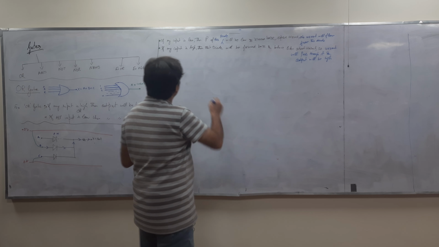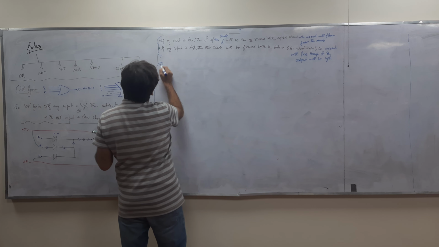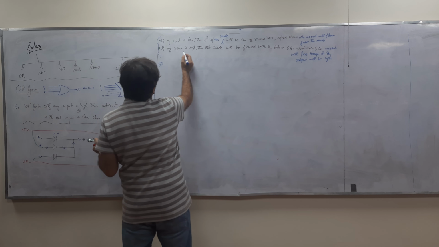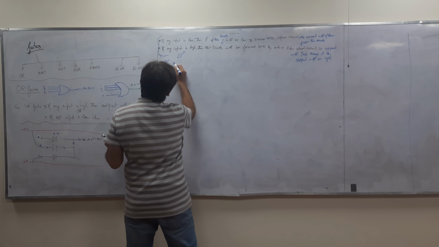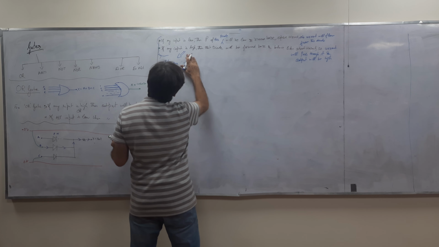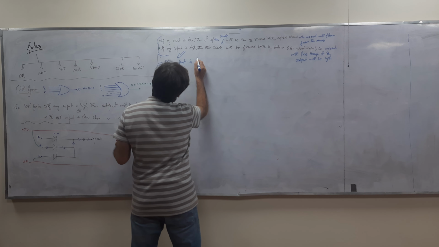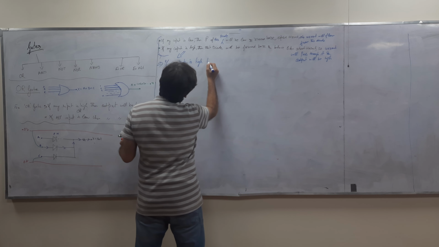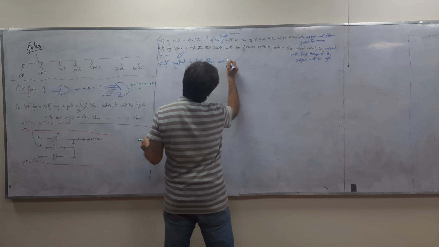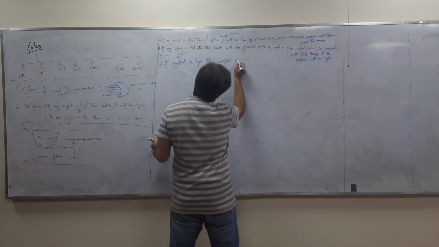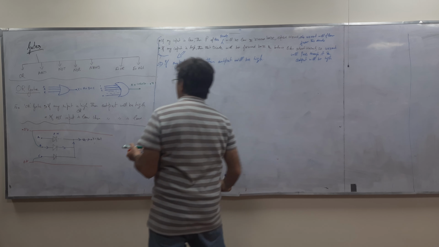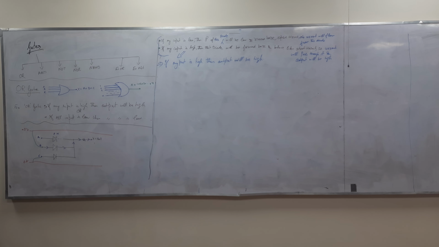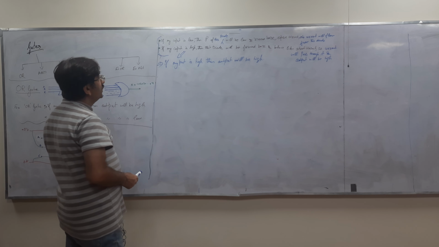So, combining both of these, it implies that if any input is high, then output will be high. So, this is about the circuit diagram and its explanation.